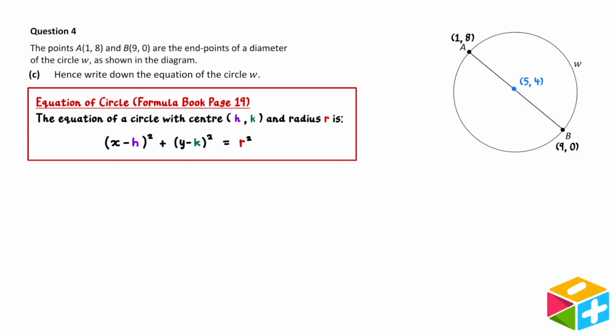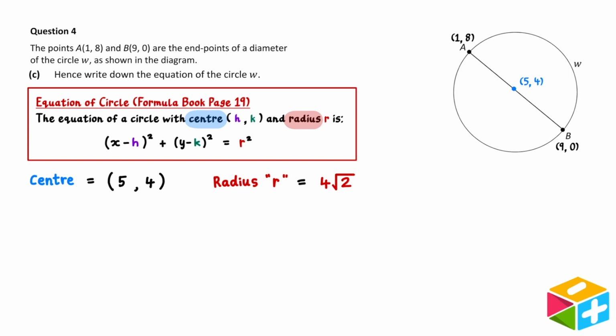To use this formula, there's two things we need to know: the centre of the circle and the radius of the circle. Thankfully, we already know both of these. In part A, we found that the centre was 5, 4. In part B, we found that the radius is 4 times the square root of 2.